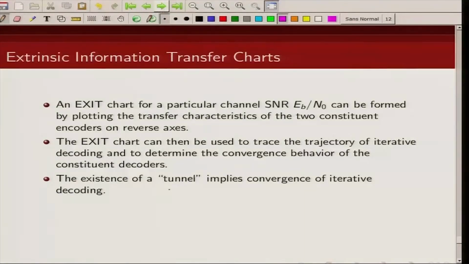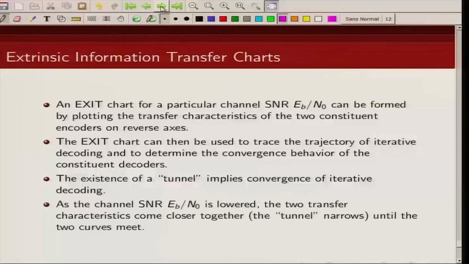So, as I said, whether the decoding algorithm will converge or not can be viewed by plotting these transfer characteristics on reverse axes and seeing whether a tunnel exists between them or not.